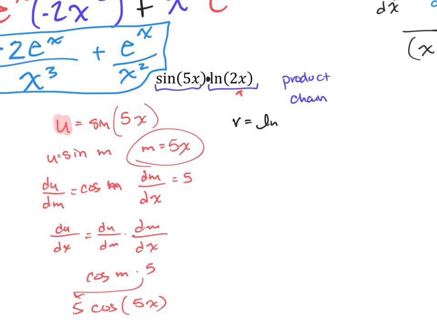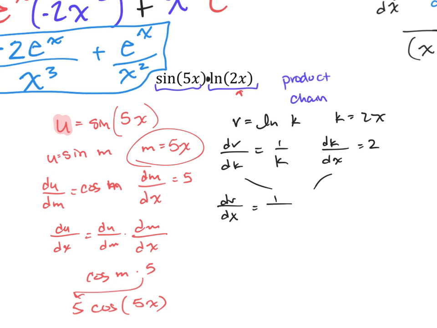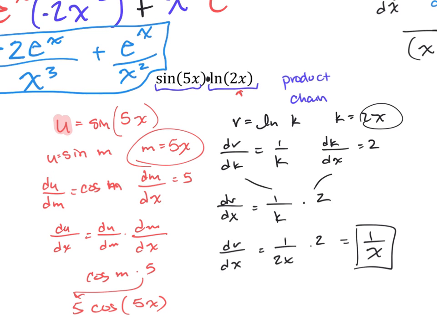V is going to be the natural log of k, and then k is going to be 2x. dv dk is going to be 1 over k. dk dx is going to be 2, and so we multiply these together to get dv dx is going to be 1 over k times 2, and so that is going to simplify for us. k is just 2x, so this is actually going to be dv dx is going to be 1 over 2x times 2, so actually that simplifies to 1 over x. Oh, stinking nice. Great.